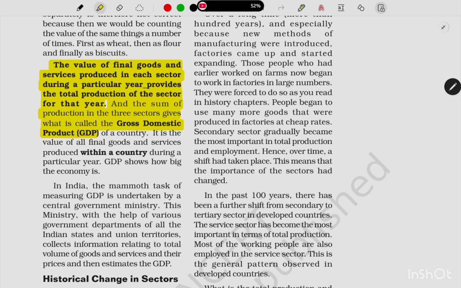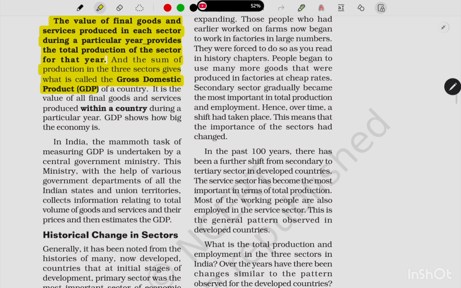It is the value of all final goods and services produced within a country during a particular year. So this is a proper definition. It is the value of all final goods and services produced within a country during a particular year. GDP shows how big the economy is.